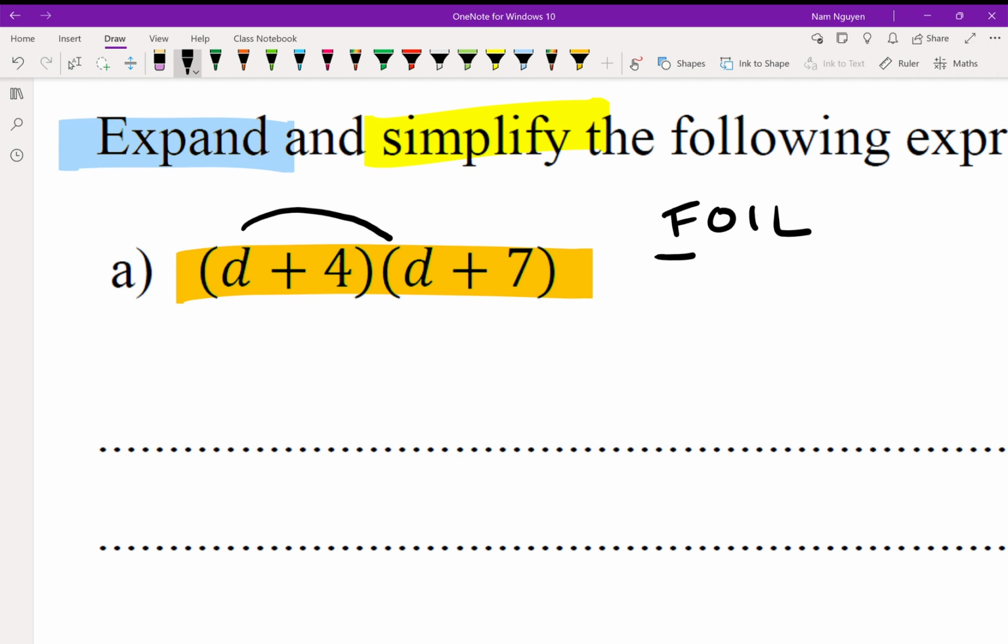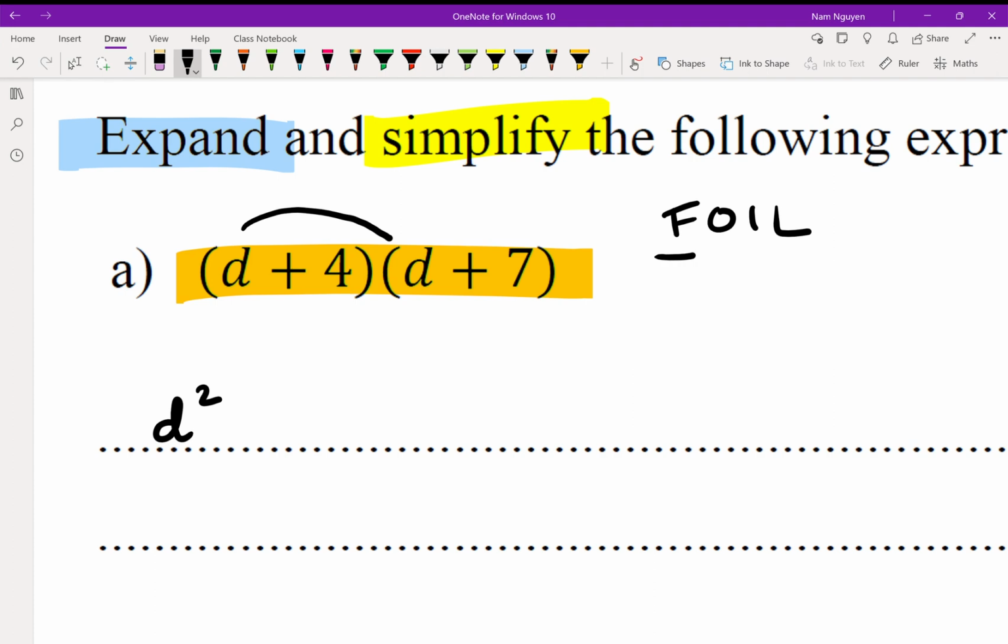D squared! That's right, not 2D, because 2D means a D plus another one, or 2 times D. Whereas D times D is D squared. Because that's what that's saying.